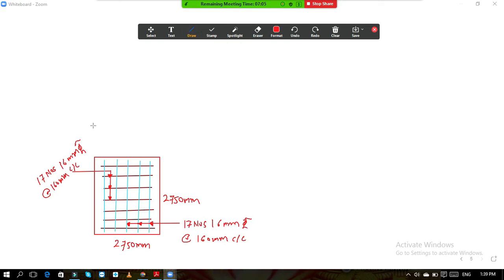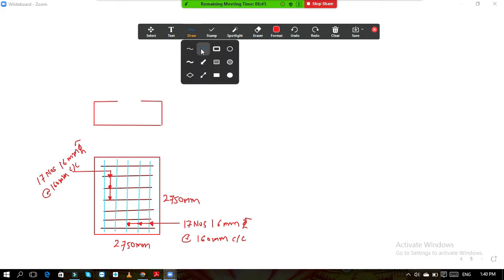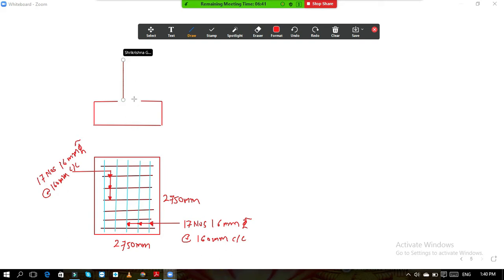I will draw that first, the footing. This is the overall depth of the footing. Then from here somewhere column will be there. This is the column.